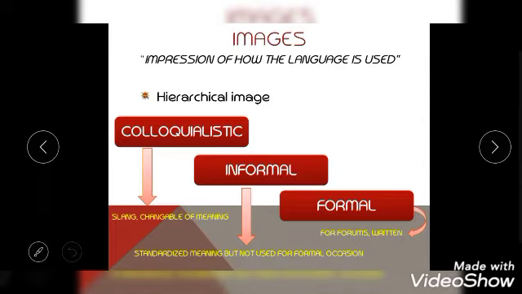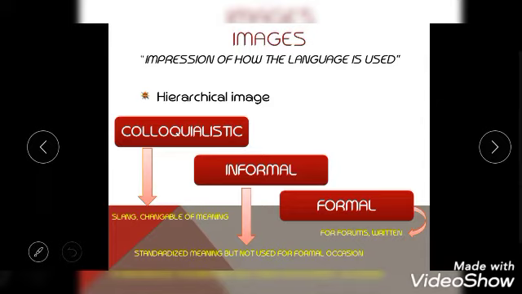The first is colloquialistic, in other words slang language. It is not stable actually, because it is easily changed. Colloquialistic is changeable and there is no definite or standardized meaning of it.